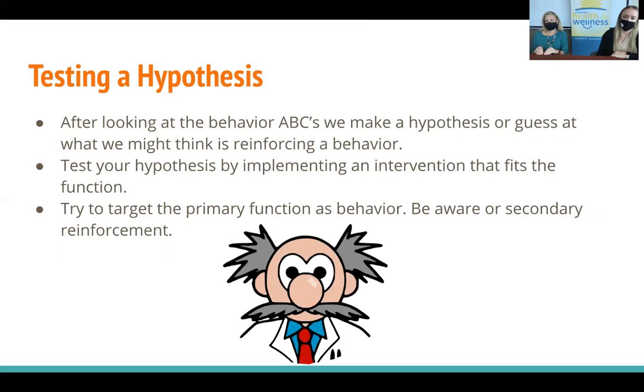So if the child is gaining attention through hitting their sibling, and they're immediately getting attention from the sibling, and that's what we think is maintaining the behavior, then we need to figure out another replacement behavior, something that we can teach the child to still gain attention, but in a more pro-social way.